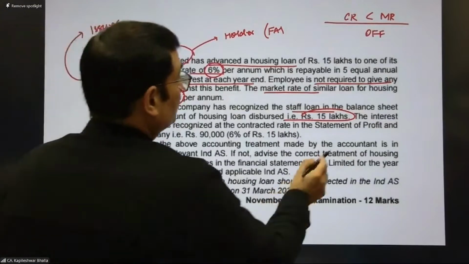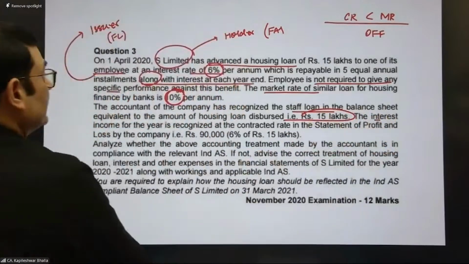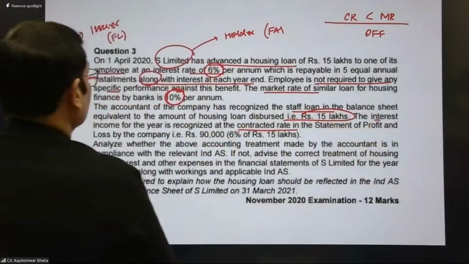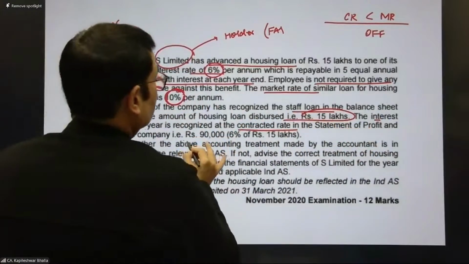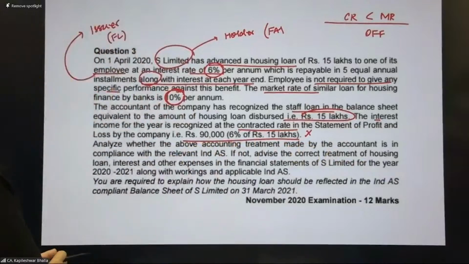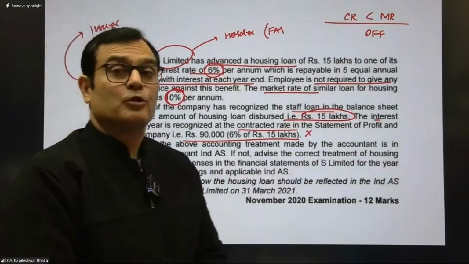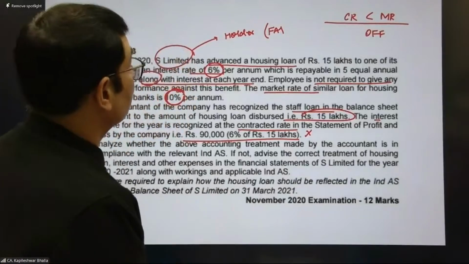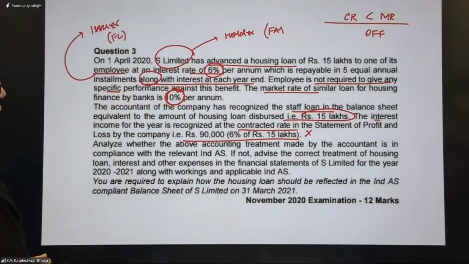Then he says the interest income is recognized at the contracted rate in the P&L, which is 6% on 15 lakh. This also is incorrect because we do not record the interest income in the P&L at the contracted rate, but at the effective rate, which in this case is 10%. So the accounting done by the accountant is incorrect.